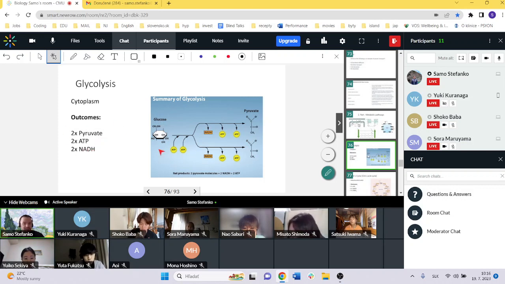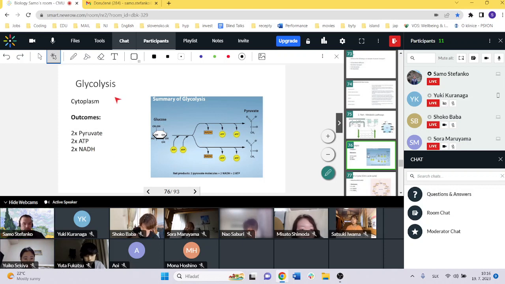Because we invested two molecules at the beginning to trigger the reaction, to trigger the pathway initially, and then we have four as an outcome. So the total net worth or assets are two molecules of ATP, okay? Because we invested two, if there were only two as an outcome, the net worth would be zero.